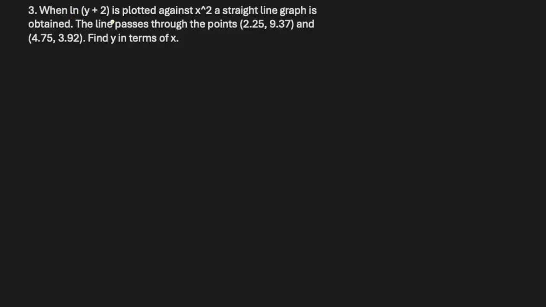Natural log of y plus 2 is plotted against x square. A straight line graph is obtained. So let's visualize this. This is natural log y plus 2. Natural log y plus 2 is plotted against x square.